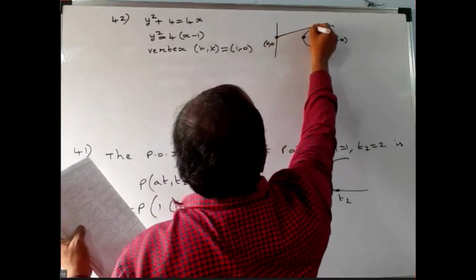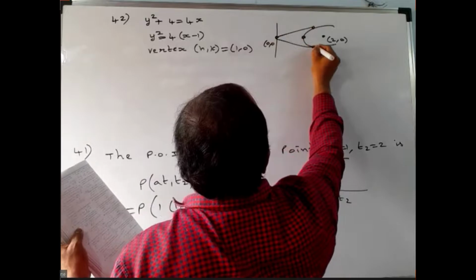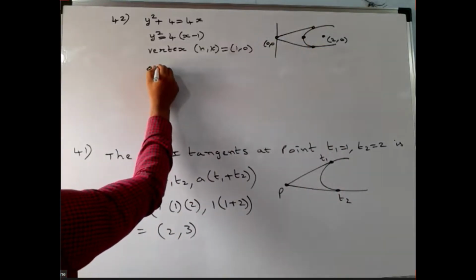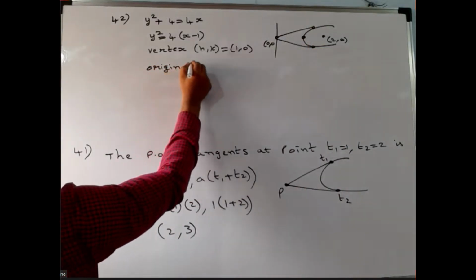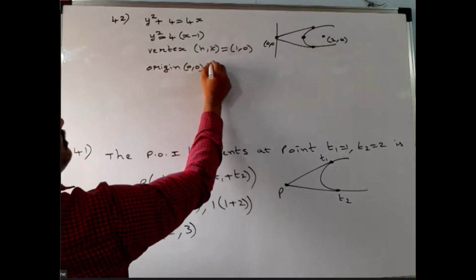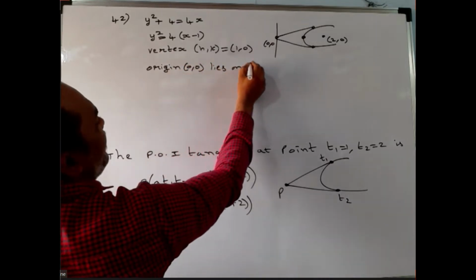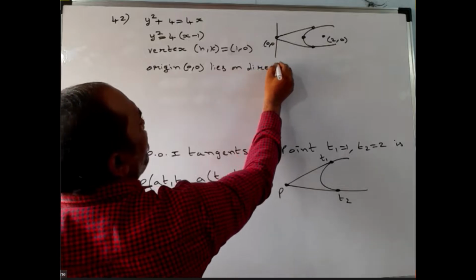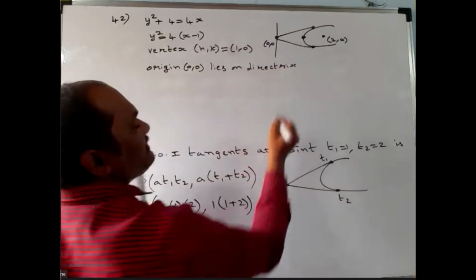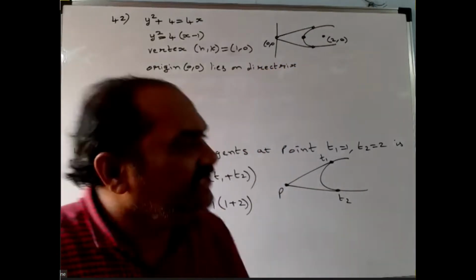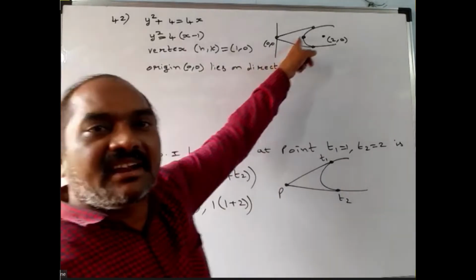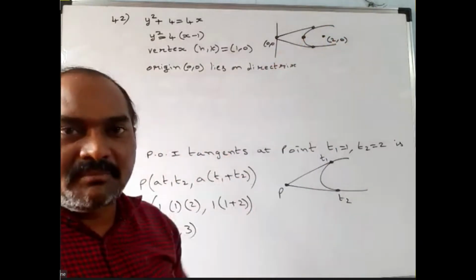So the origin 0 comma 0 lies on the directrix. Whenever a point lies on the directrix, from any point on the directrix we can draw two tangents to the parabola.